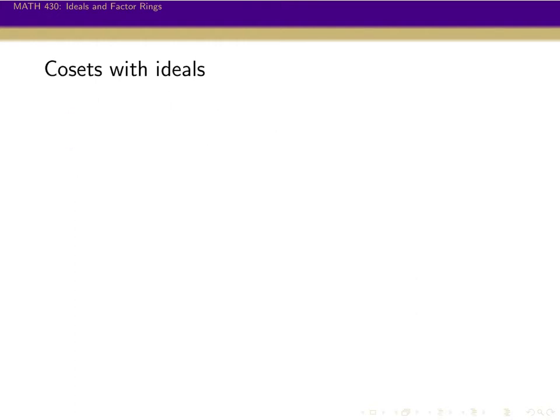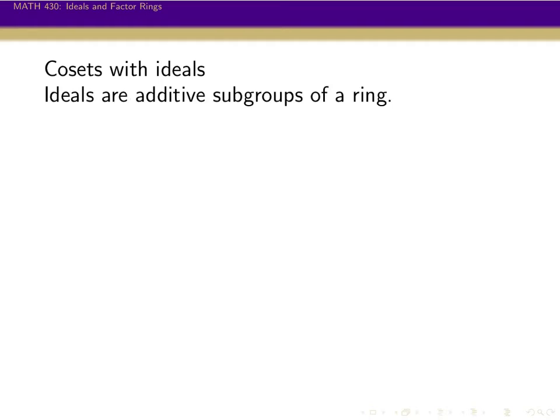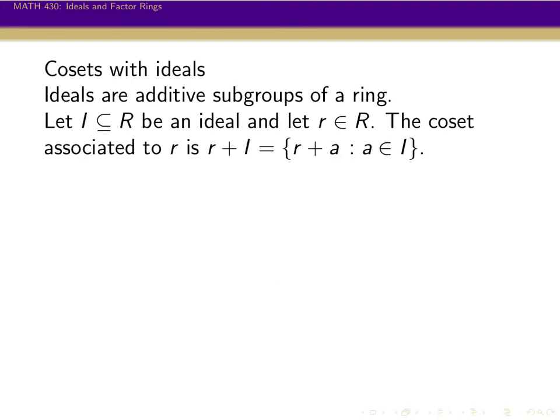Okay, so for ideals, we can talk about cosets of them, and this is leading into how ideals are like normal subgroups. Ideals are additive subgroups of a ring, just like all subrings are, and so we can use that to talk about cosets.